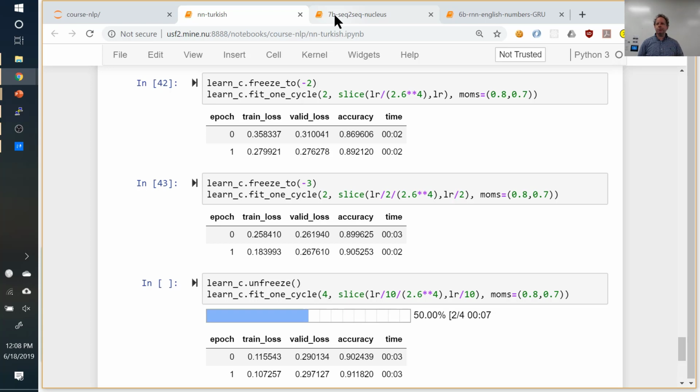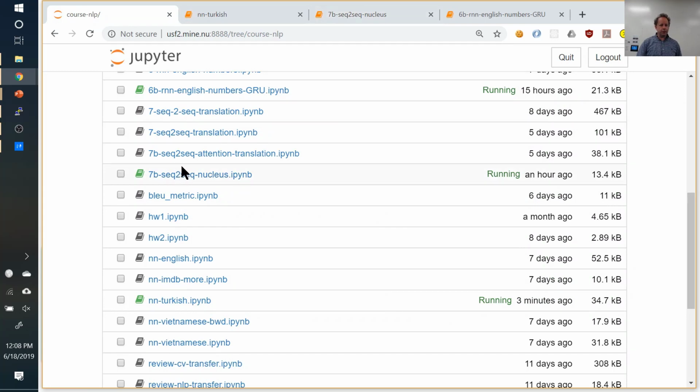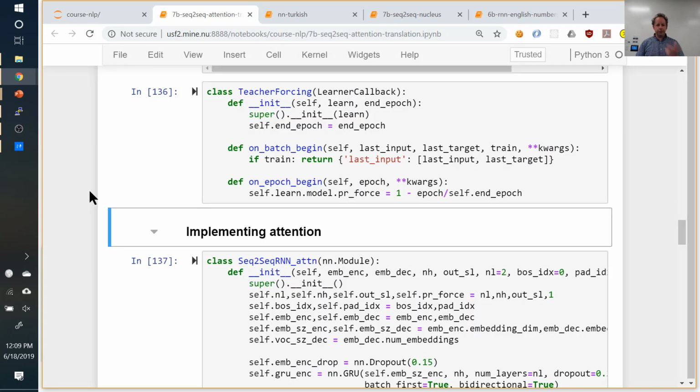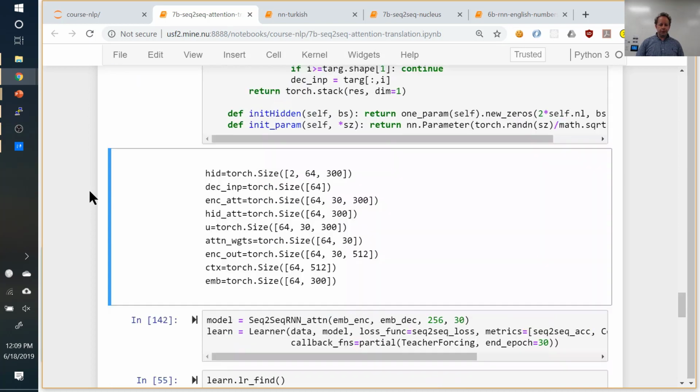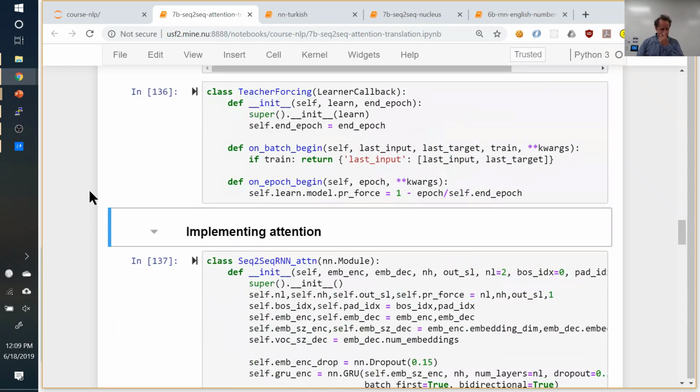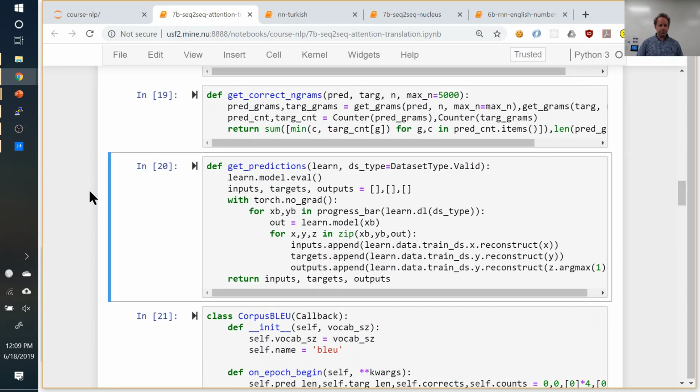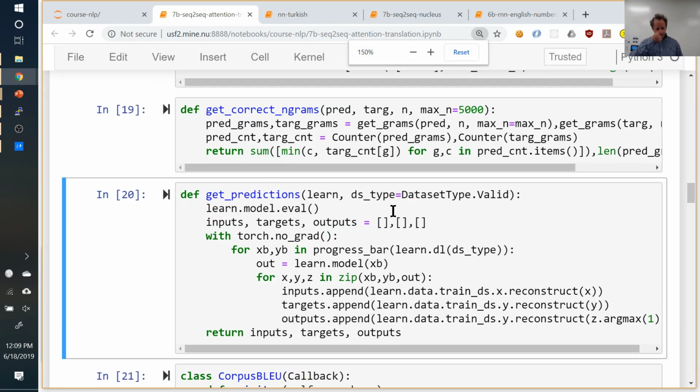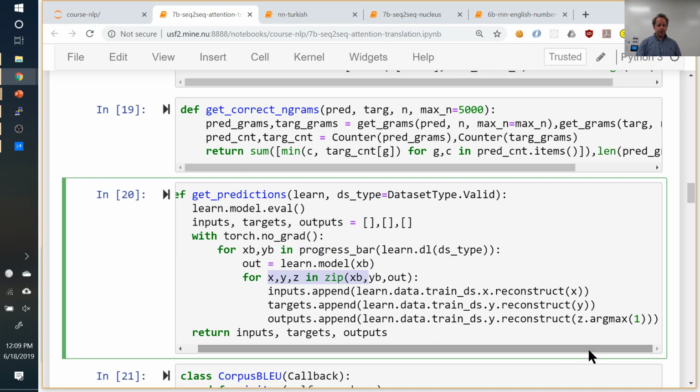So the get predictions loop, if we go back and have a look at it, I moved on from Turkish to the follow-up from the attention translation. Rachel had this get predictions method, and it just goes through one batch at a time, and for each batch it goes through one sentence at a time.